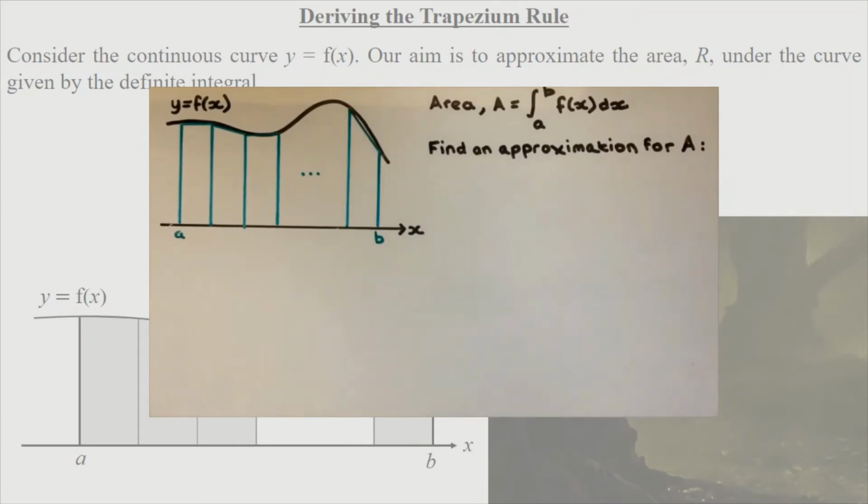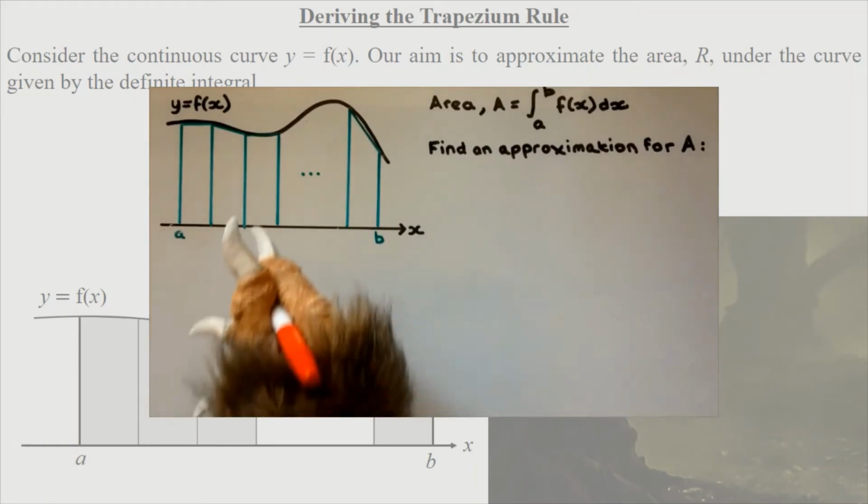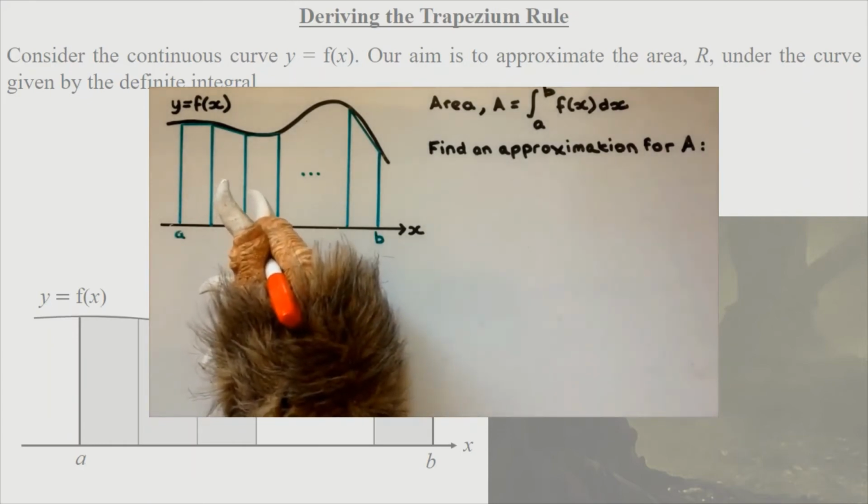Now then, what can we do with this? Well, the first thing we need to establish is the width of each of these trapezia, and it's actually quite straightforward. Remember, we referred to the width as h in the previous cases. So let's take any particular trapezium, which has a width of h here.